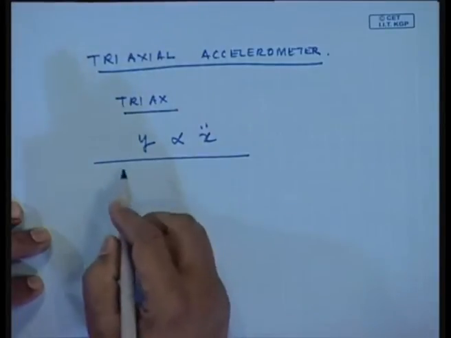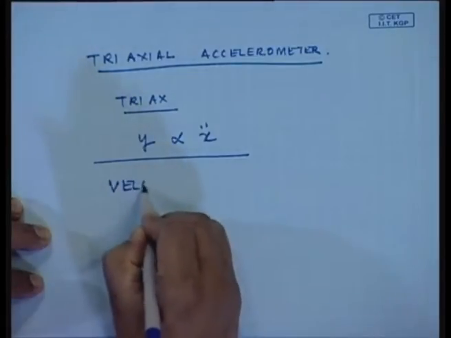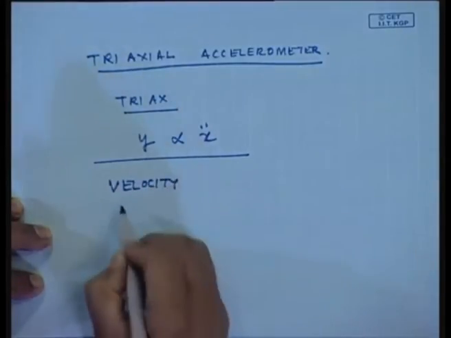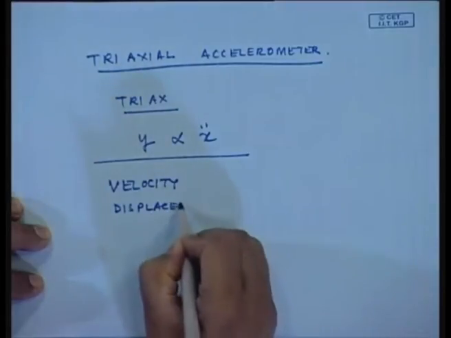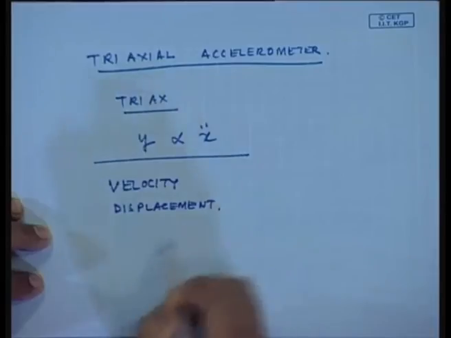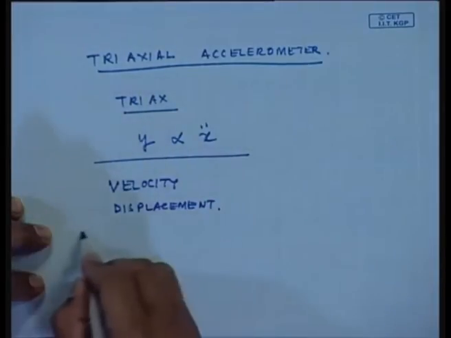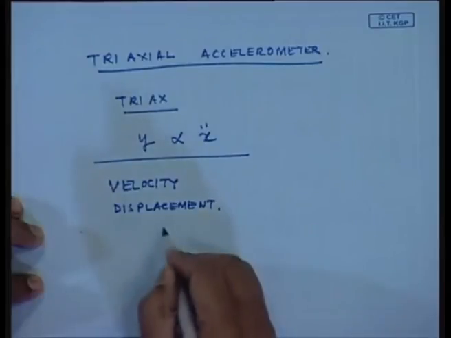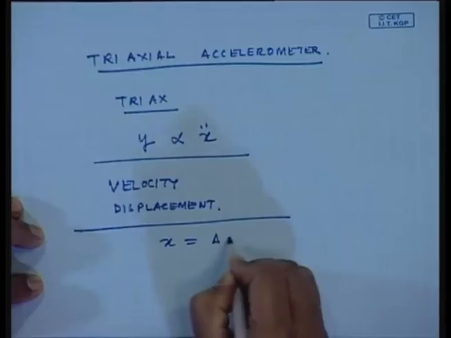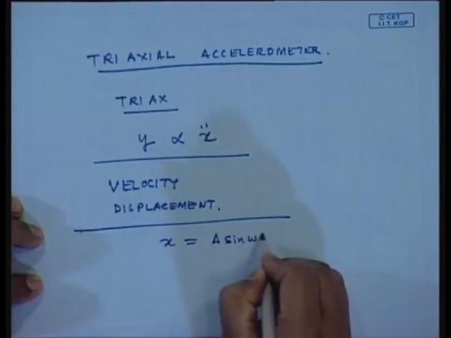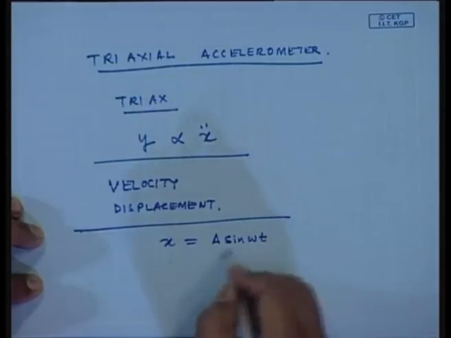Now, sometimes we need to know what the velocity or what the displacement at that measured point is. If you will recall, suppose I have a motion in general terms, x is equal to a sin omega t at any frequency. This is the expression for the displacement.